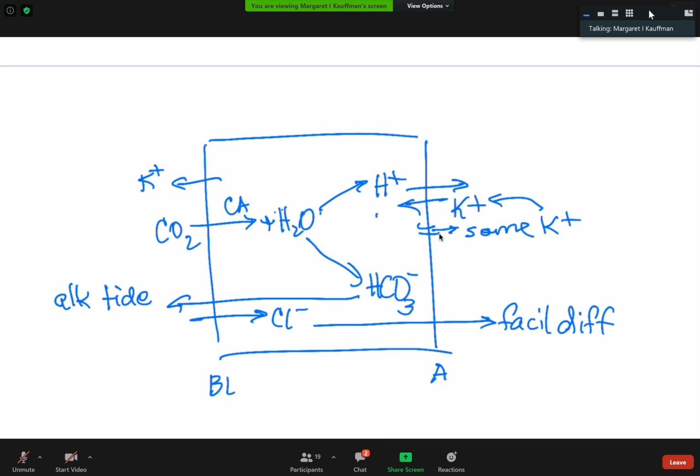When you vomit, you're losing HCl, so you make more HCl. The carbonic anhydrase is upregulated, and more potassium comes in, more of it leaks into the blood, and then you have a problem.